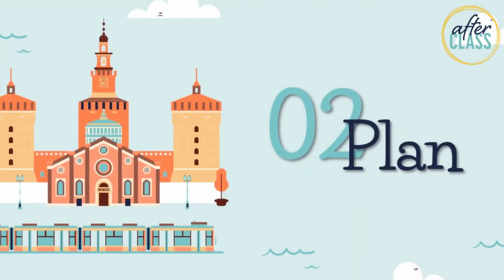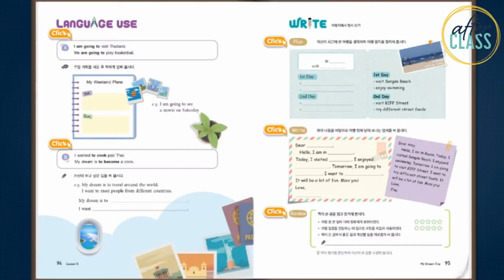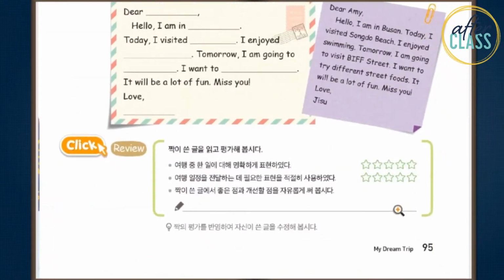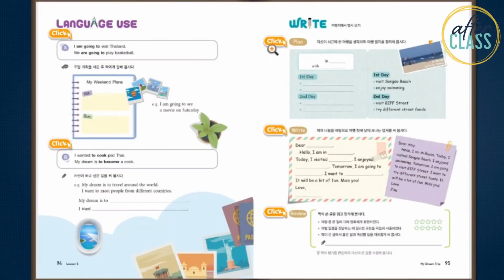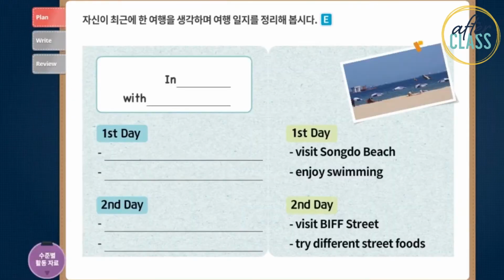Number 2, plan. If you would like to use your English book, I will be using page 95. Let's look at the plan section.